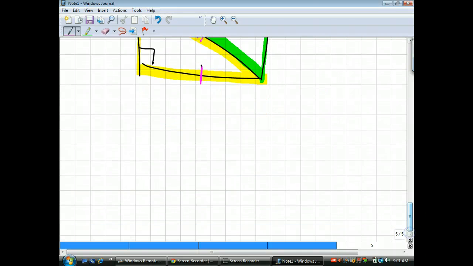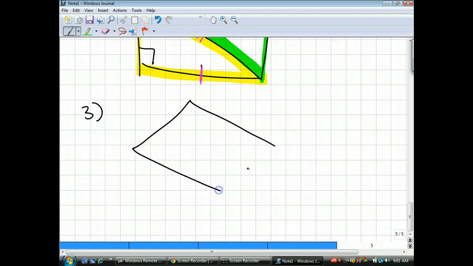Okay, example 3. Okay, and in this picture, I know this is congruent to this, I know this is congruent to this, and I know this is congruent to this.